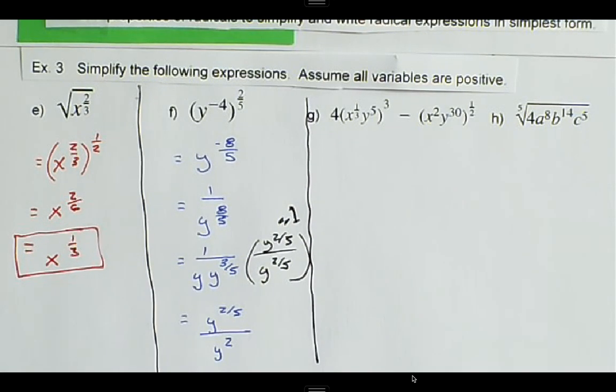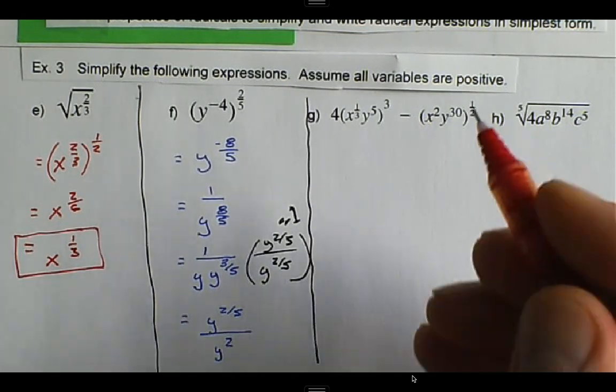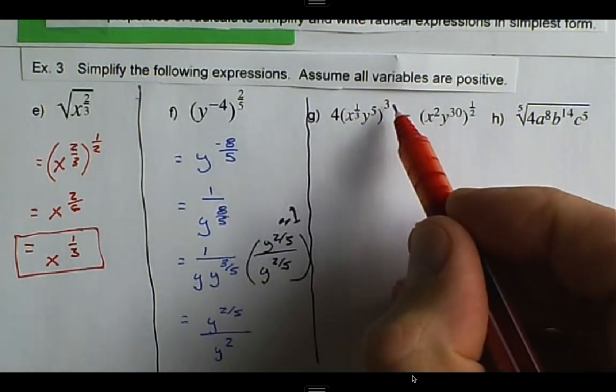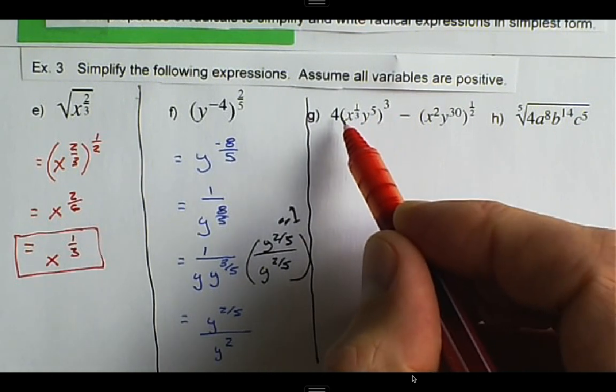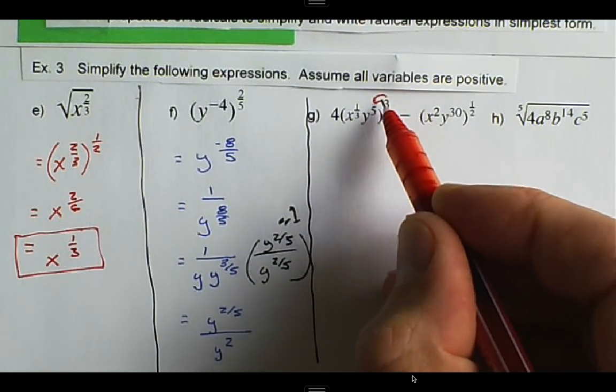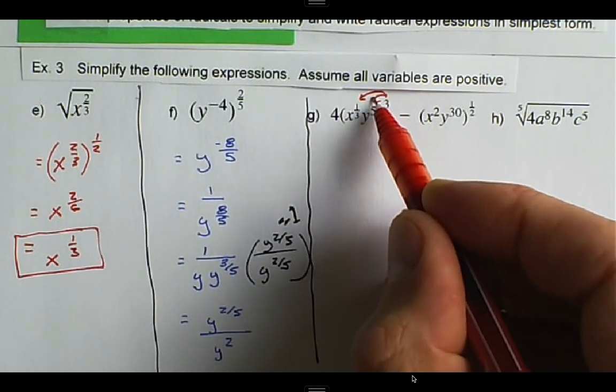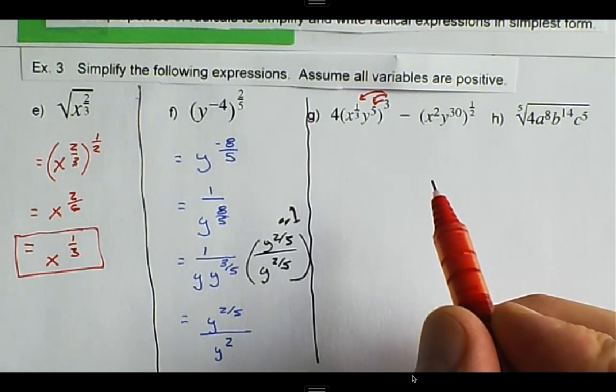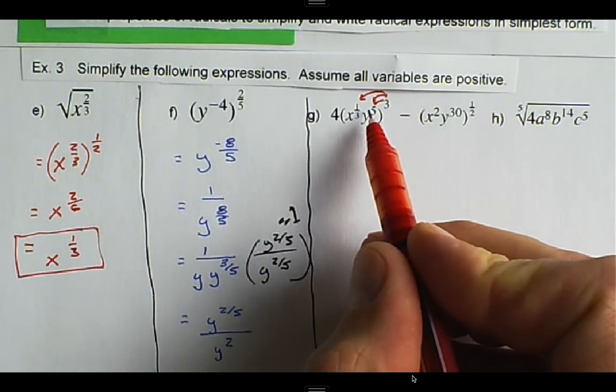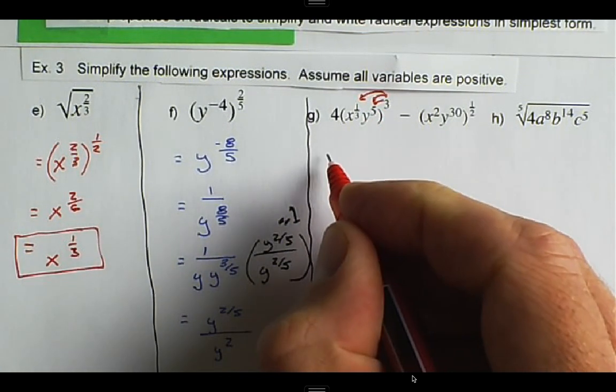Next one, in order to add those together, we need to make sure that we have like terms. So the first thing we can do is distribute our 3 here. When we distribute, we multiply the exponents together.